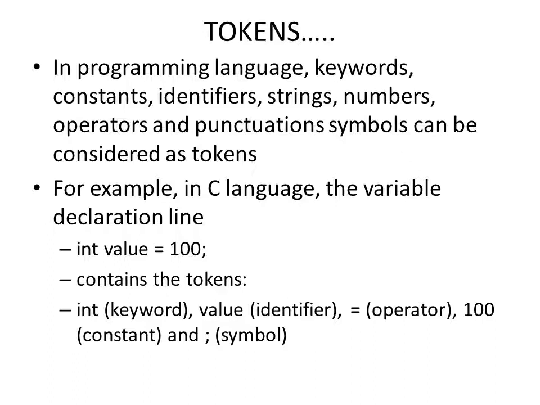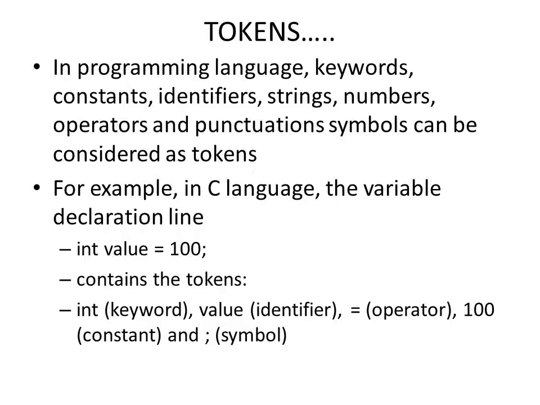For example, in C language, the variable declaration line: int value = 100; is a statement in C language. It contains the following tokens. What are the tokens? Int is a token, which is called a keyword.